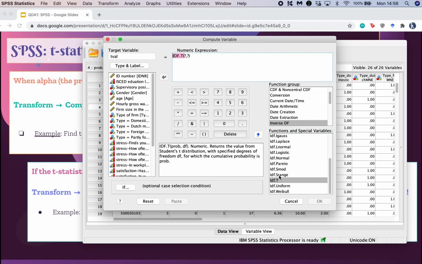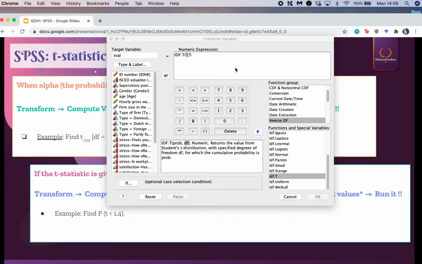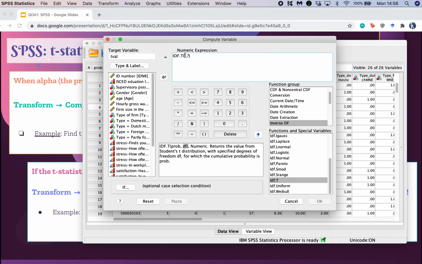So we double click on this and then you can plug in the relevant values. Here it says probability and degrees of freedom. The probability is 0.025 and the degrees of freedom are equal to 36. This is exactly what we plug into our numeric expression. So here we put 0.025 because that's our probability, and then here we put the degrees of freedom.